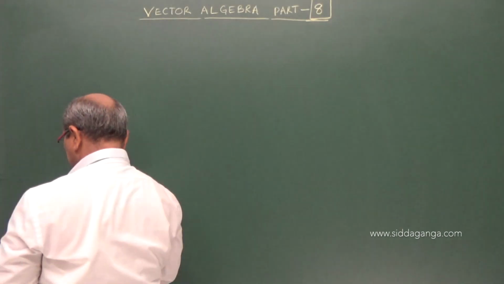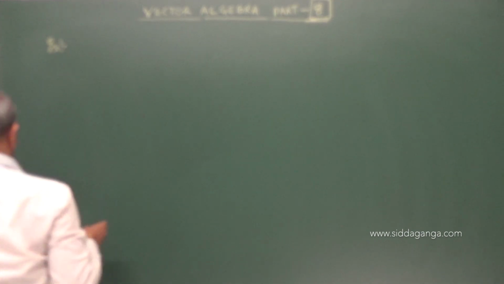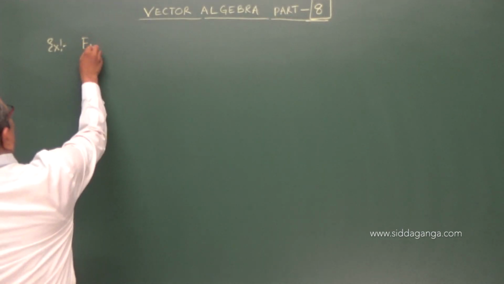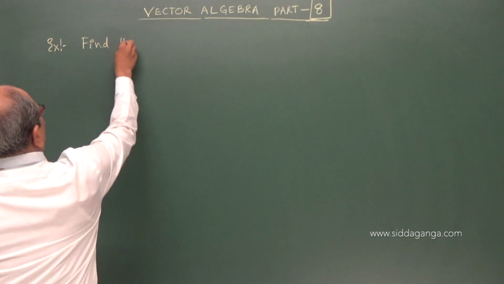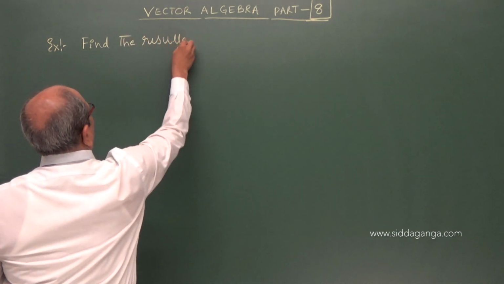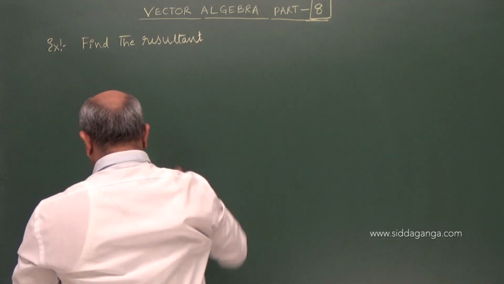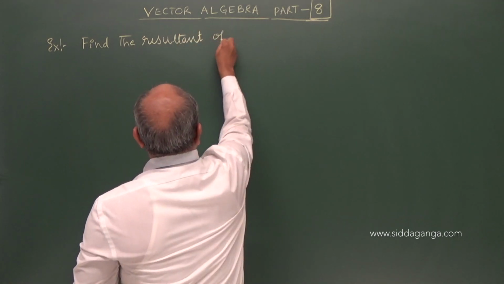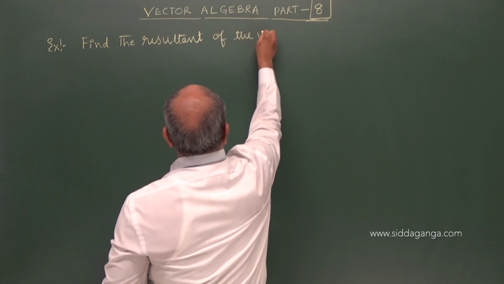So let us come to another question. Find the resultant of the vectors shown.